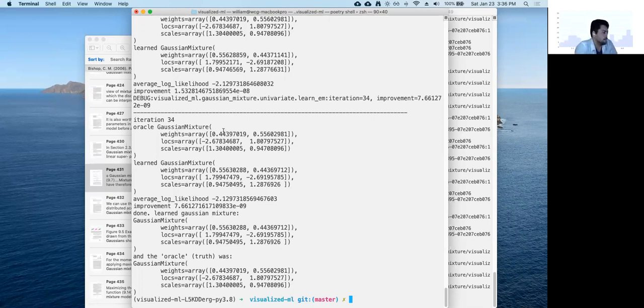So as you can see, this oracle, the original truth, had weights of 0.44 and 0.55. One was centered at negative 2.7 or so. One was centered at 1.8.